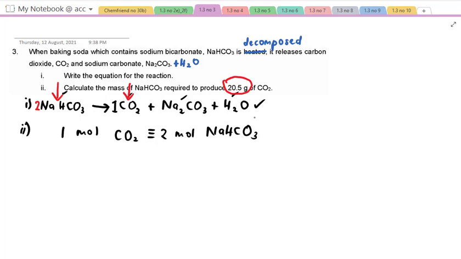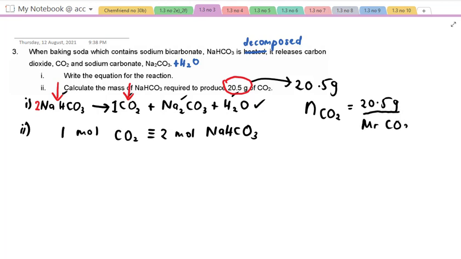Then since you are given 20.5 gram of CO2, what you have to do is to find the mole of CO2. So find the mole of CO2: 20.5 gram divided by the molar mass of CO2. Then once you have the mole of CO2, you insert it here.